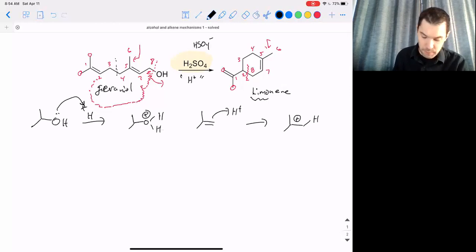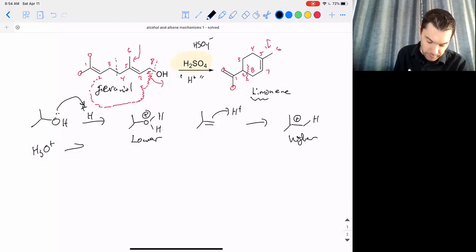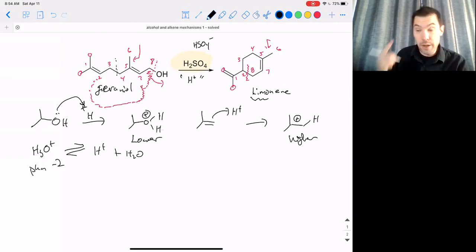Generally, I think carbocations are considered to be higher in energy than the protonated alcohols. And so generally, hydronium ion is thought to have a pKa of about -2. So H3O+ in equilibrium with H+ and water. So this would be the acid, which may have a pKa of -2. For those of you that think water has a pKa of 16, you're correct.